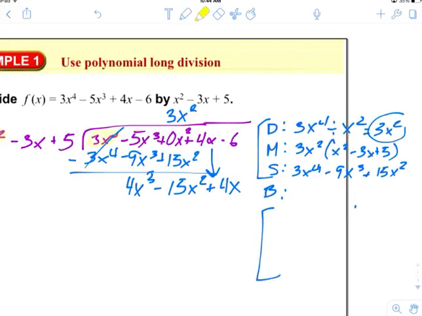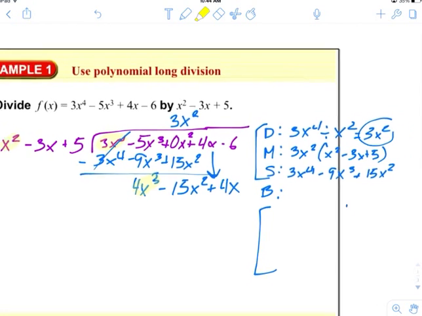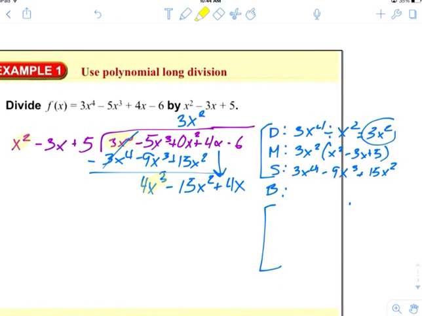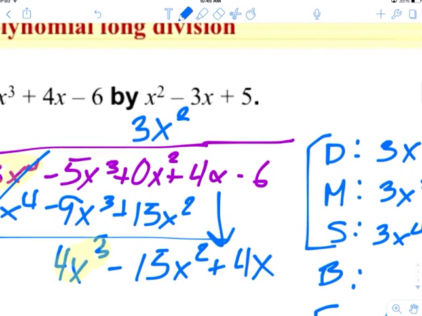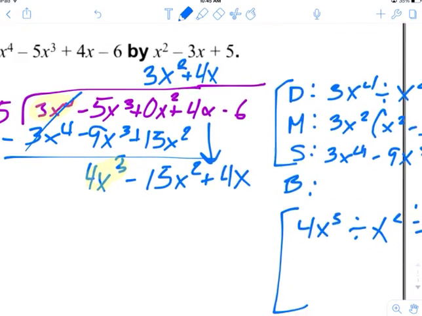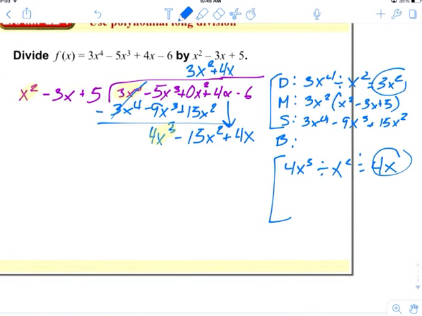So with my division again, I'm going to divide the first term of the divisor into the first term of the dividend. 4x to the third divided by x squared equals 4x. So that's the next term in my quotient, plus 4x. It's also what I'm going to multiply my divisor by.